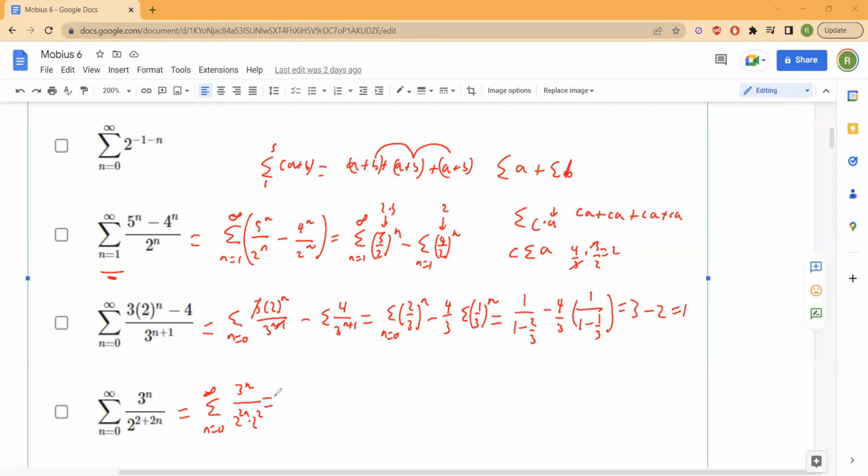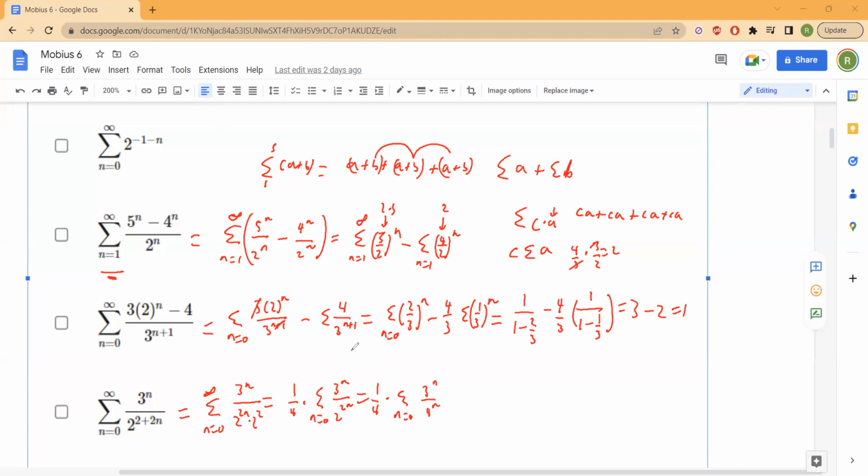We're going to factor out this 2 squared over 2, we're going to take it out. It's going to be 1 over 4 times sigma n equals 0 of 3 to the n over 2 to the power of 2n. Then this 2 to the power of 2n, I'm just going to rewrite it so it's easier for us to work with. It's 1/4 times sigma n equals 0 of 3 to the power of n over 4 to the power of n, right?